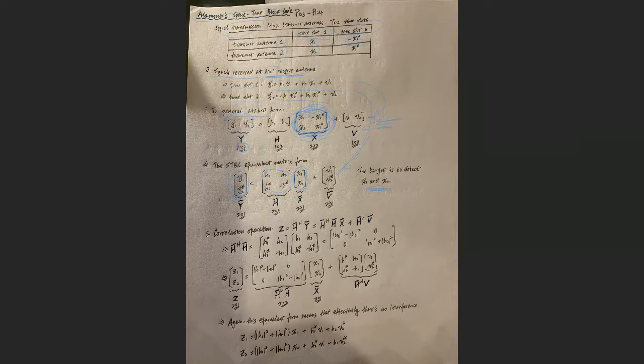Now we want to do a correlation operation, which is to use the Hermitian transpose on the fading matrix. If we extend this, we focus on H Hermitian transpose times H. Because this is orthogonal, what we get is a scaled identity matrix.